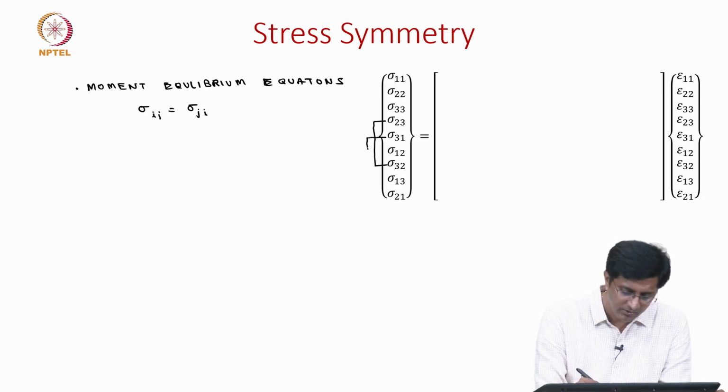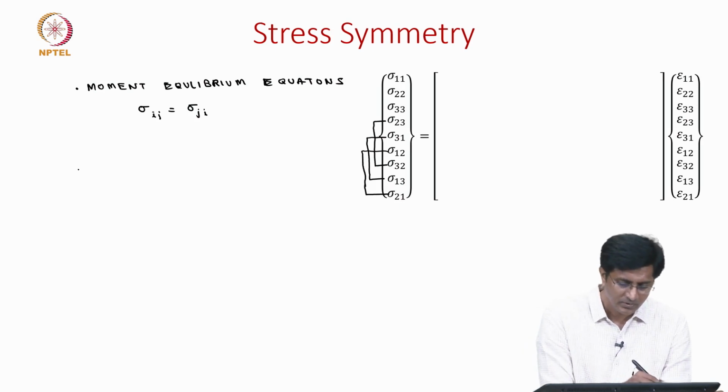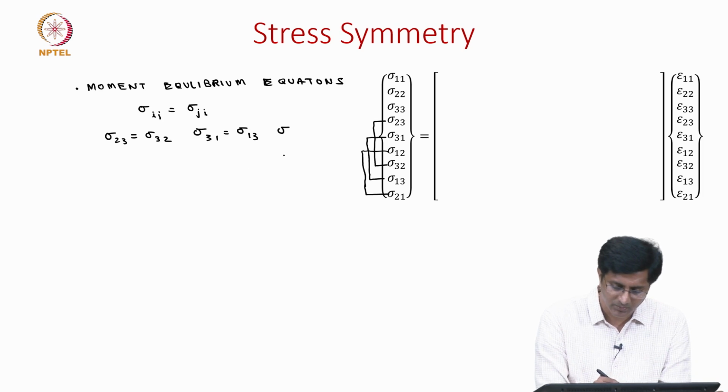Similarly, sigma 3 1 is same as sigma 1 3 and sigma 1 2 is same as sigma 2 1. So, we are saying that sigma 2 3 is equal to sigma 3 2, sigma 3 1 equals sigma 1 3 and sigma 1 2 equals sigma 2 1.